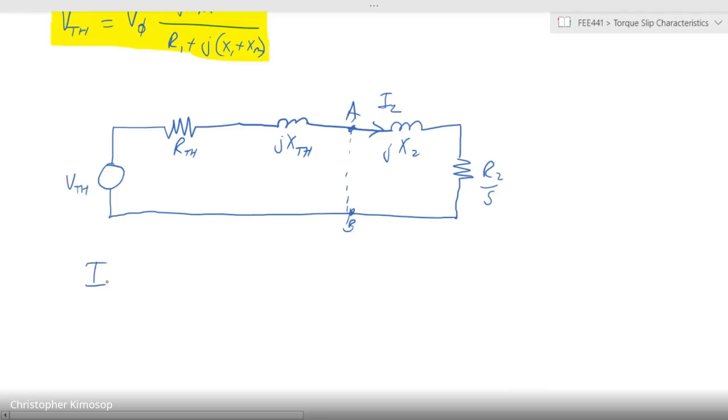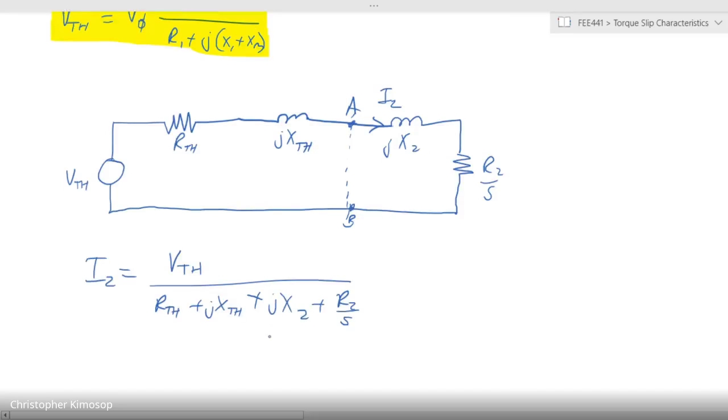This in turn means that we can get I2, which will be equal to the voltage over the sum of all the impedances that are there, which are R Thevenin plus jX Thevenin plus jX2 plus R2 over S. Okay.